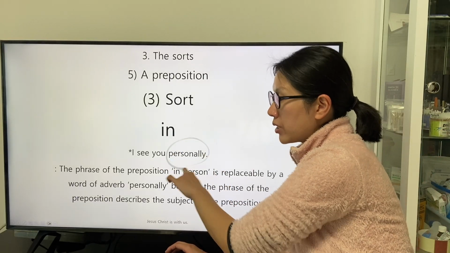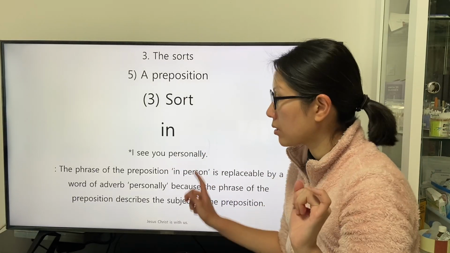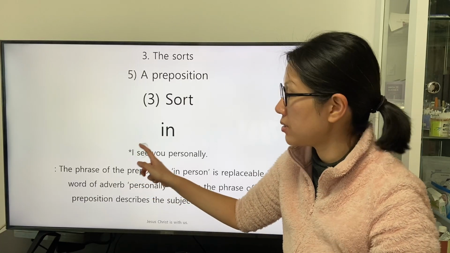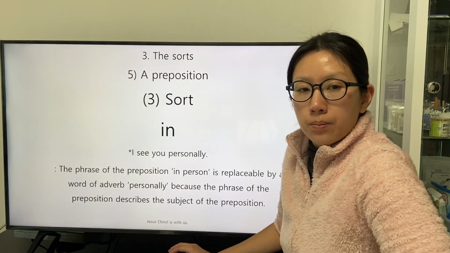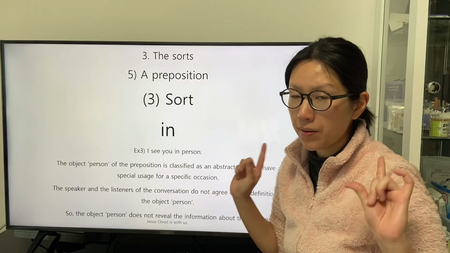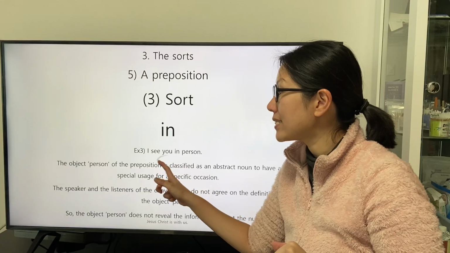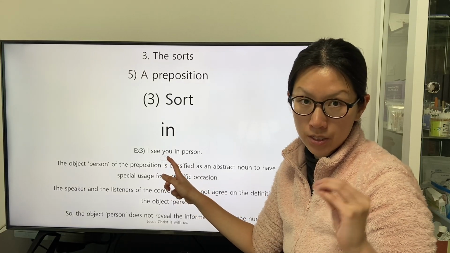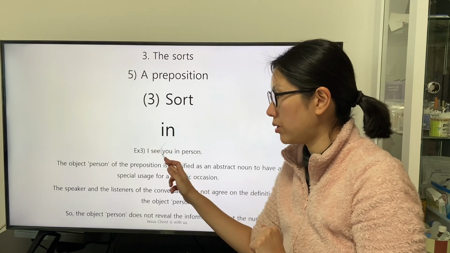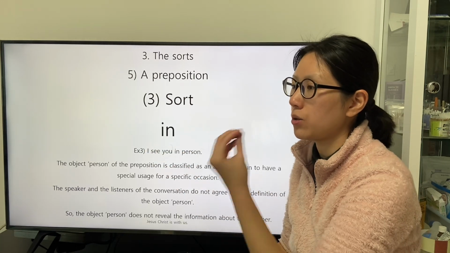The adverb personally describes the other descriptive word, that is the transitive verb see. The preposition in as a descriptive word describes the existences of the listeners as the premise to indicate the listeners with the personal pronoun you.